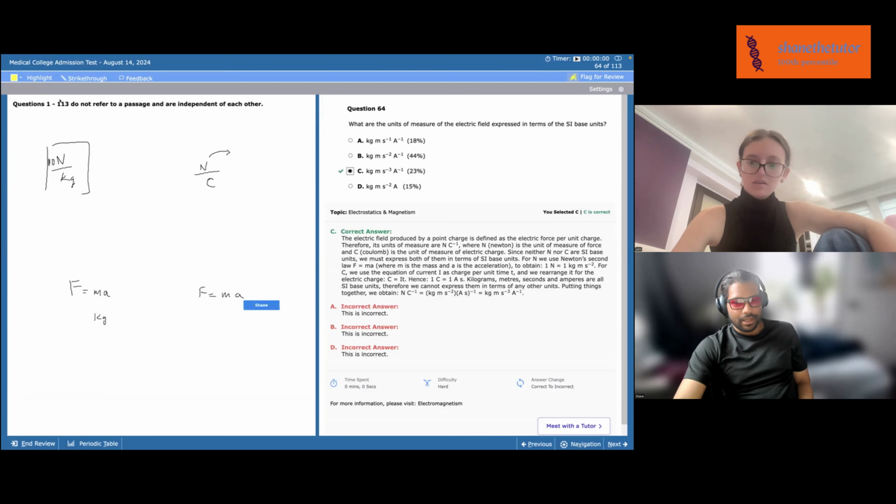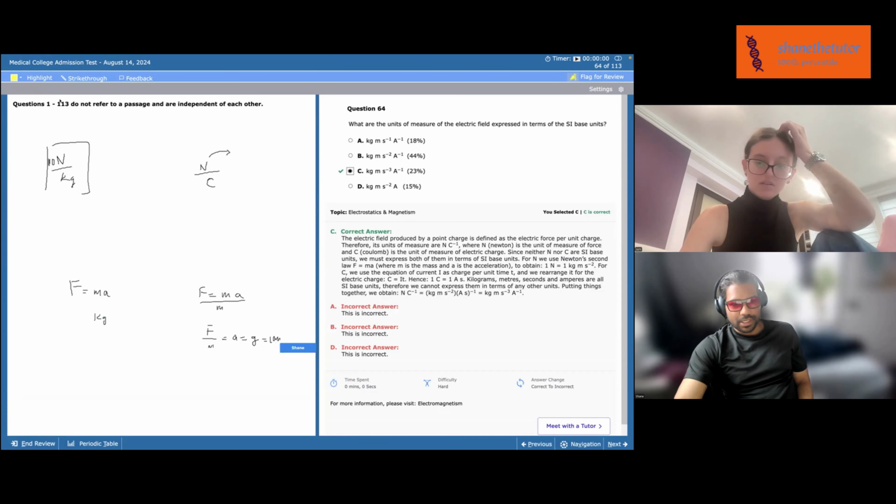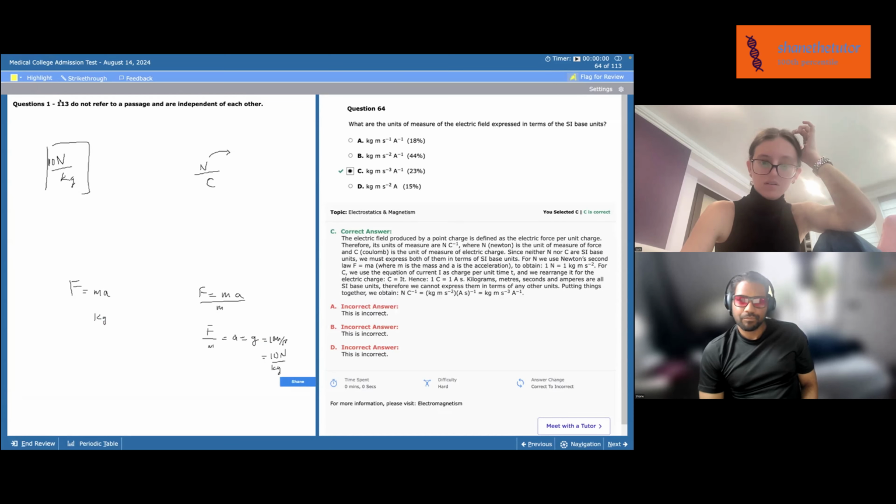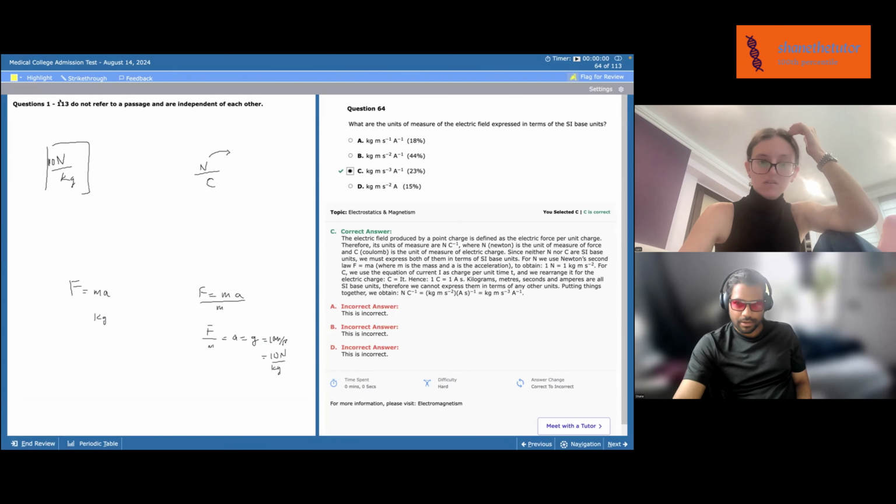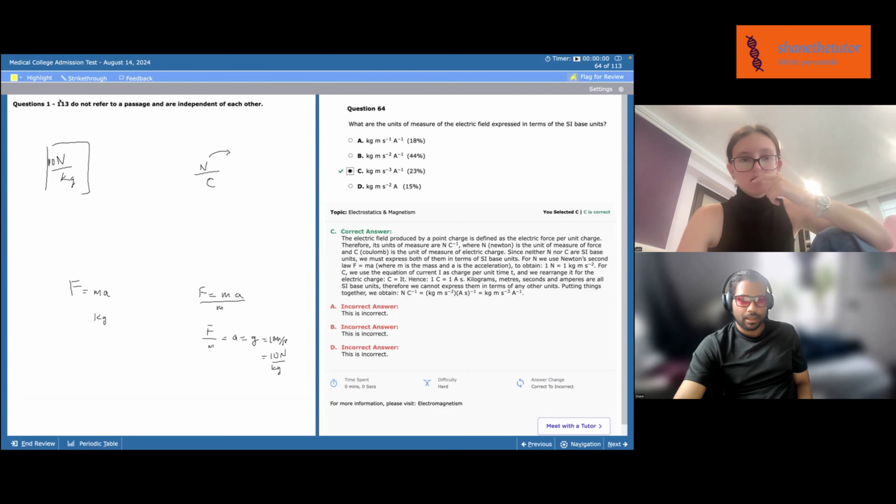If you divide both sides by mass, F over m is equal to a. And if we're saying it's g, which is 10 meters per second squared, it could also be 10 newtons per kilogram, because it's just rearranging this.